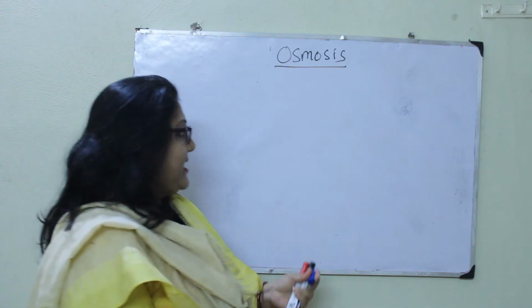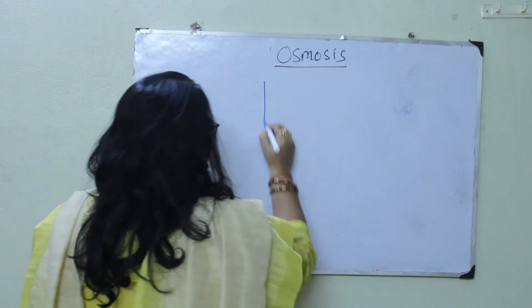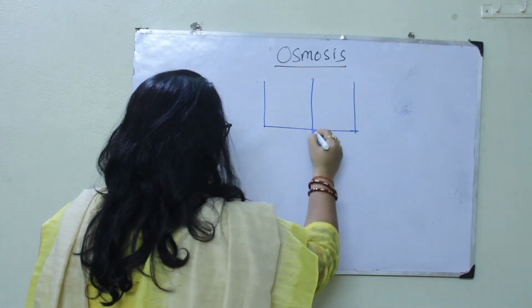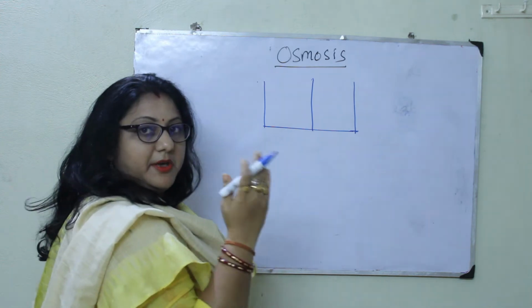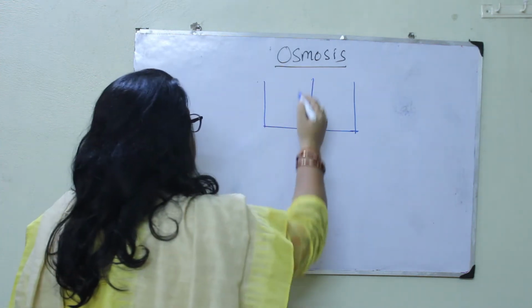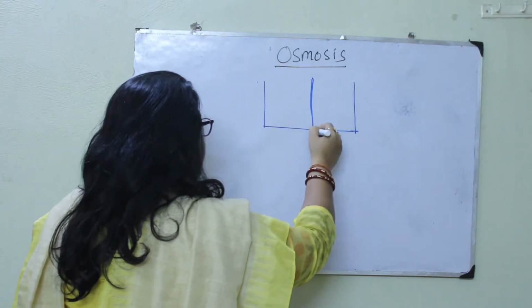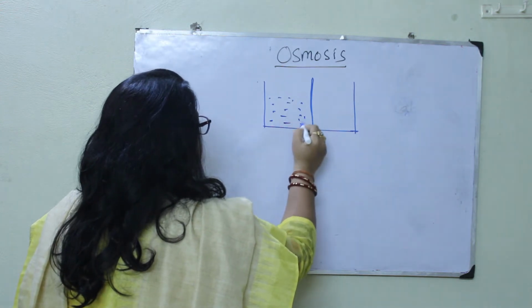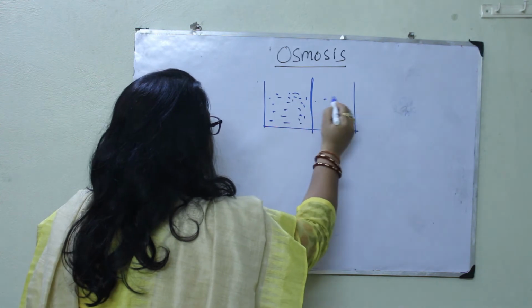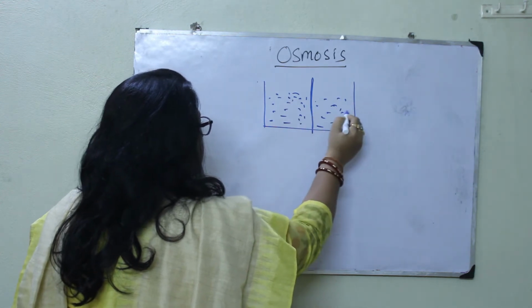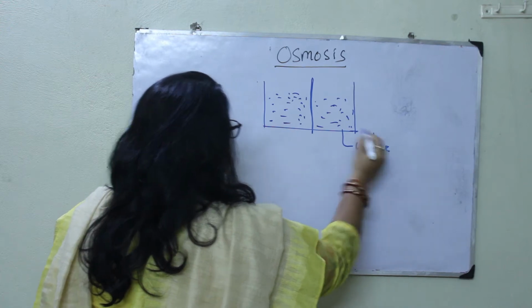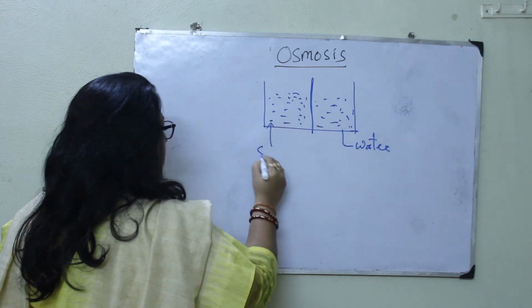So to understand it better, suppose I make a tank and I keep a semi-permeable membrane in between. So in the middle I keep a semi-permeable membrane, and this side I keep a solution, and this side I keep plain water. Okay? So this is water and this is salt solution.